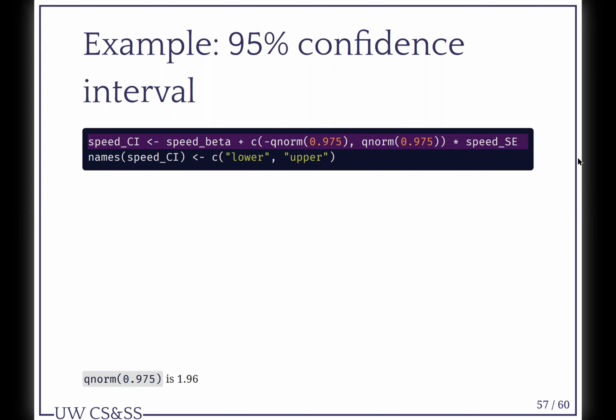These are just the number 1.96, but I want to be able to motivate to you that you can ask for draws right from the normal distribution if you'd like. And then we want to multiply that by speed. So here we're doing an element-wise vector multiplication to multiply our standard error times negative 1.96 and positive 1.96. And then we'll name these rows lower and upper.